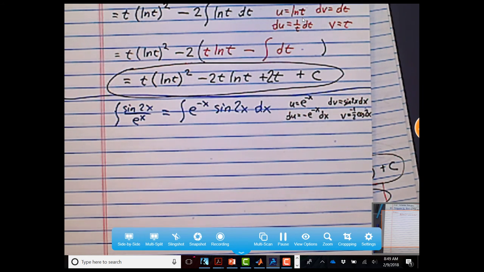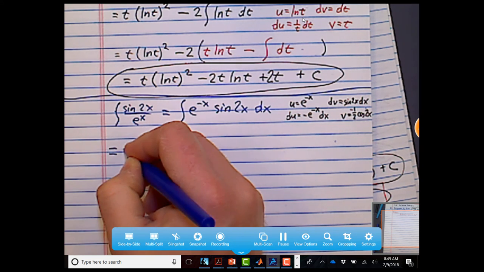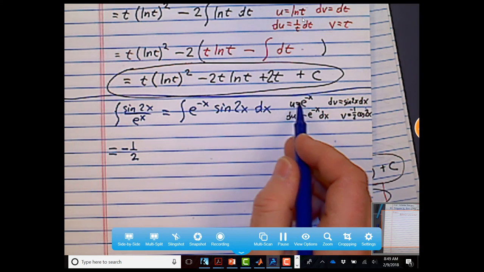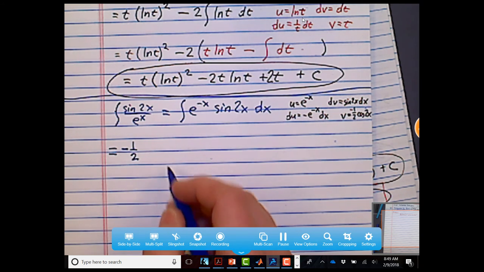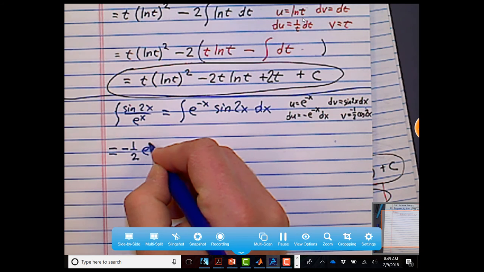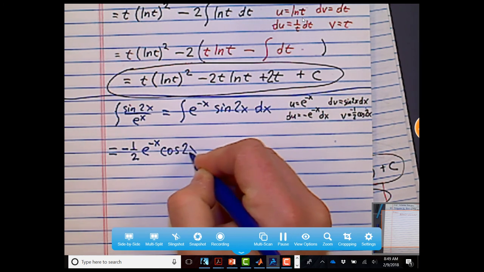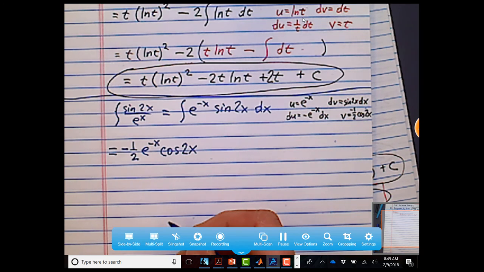Let me write down what this equals using the formula. This equals negative 1/2 e to the negative x cosine of 2x, right? Let's see. Then what?